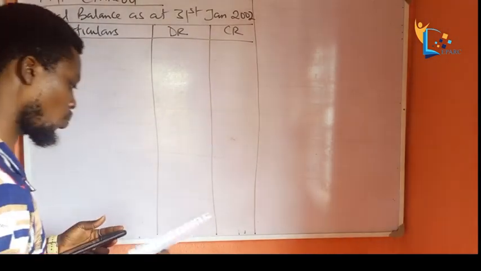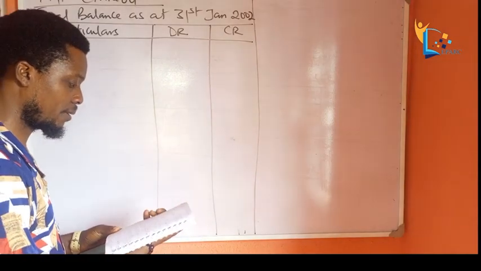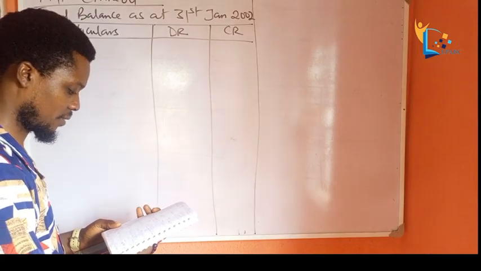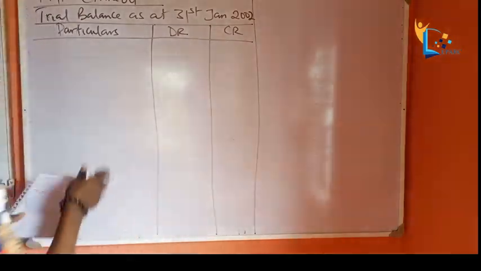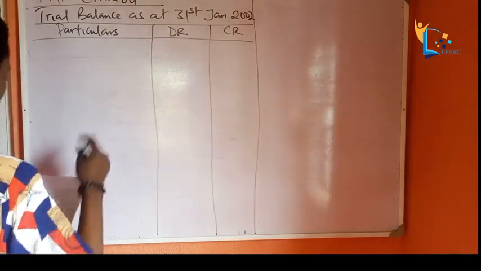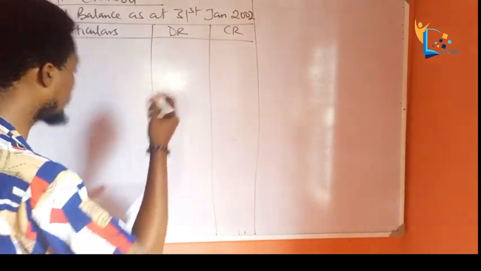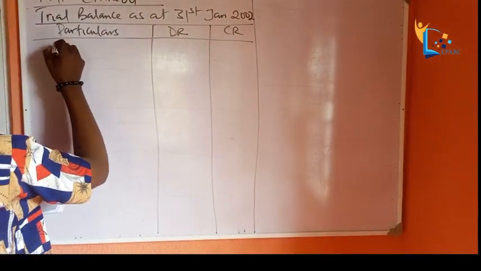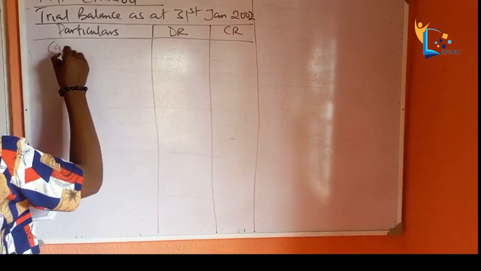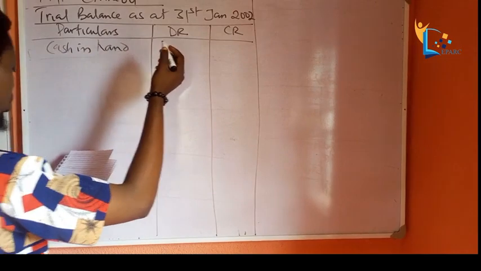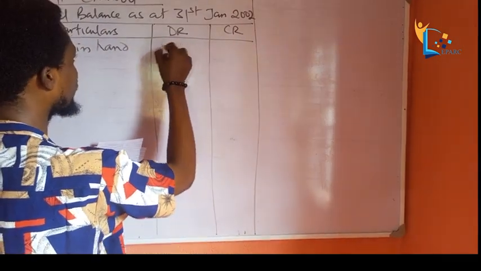Let's pick them one after the other. Let me just pick them randomly. I think I've extracted my own here already, so let me just write them. We have cash in hand. Cash in hand is 64,500.